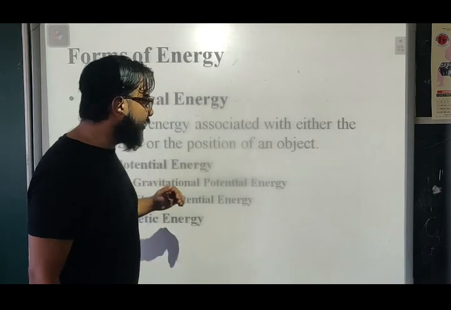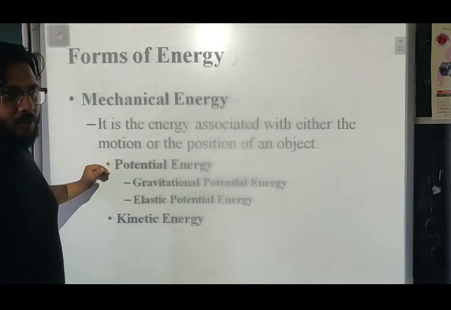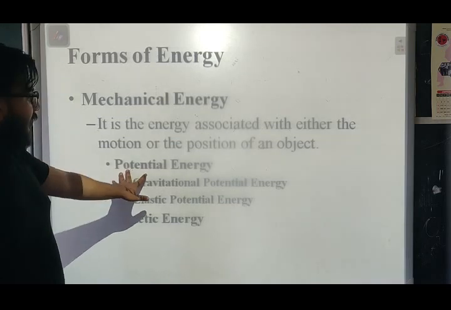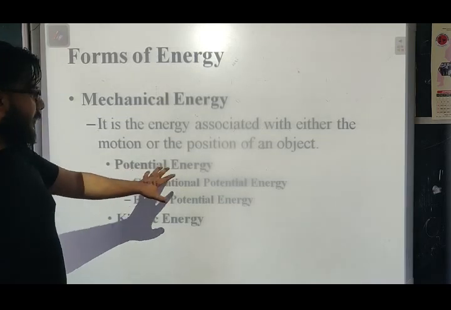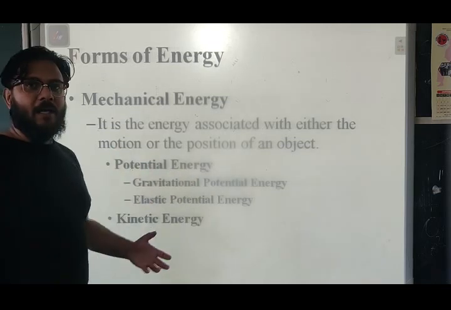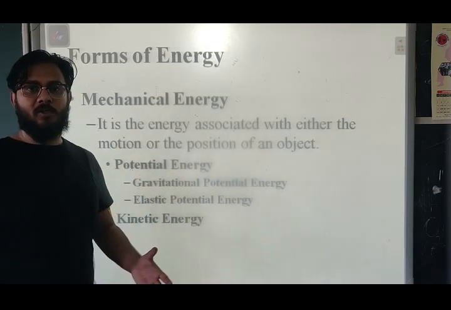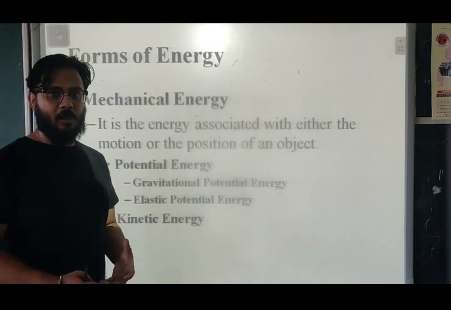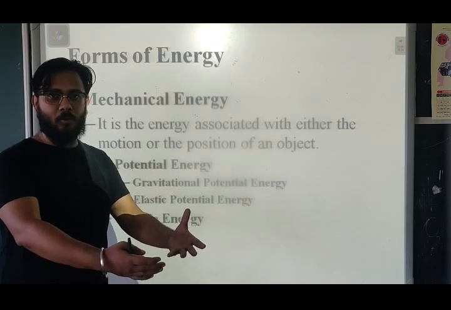Potential energy talks about the object which is stationary. The word potential itself explains what it means. It means how much energy an object can possibly produce. What's the potential? How much can it do?